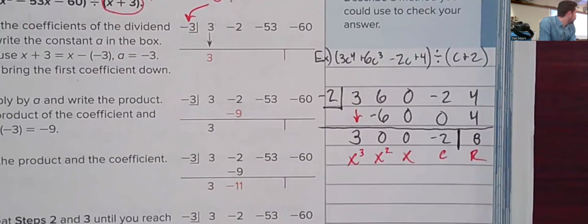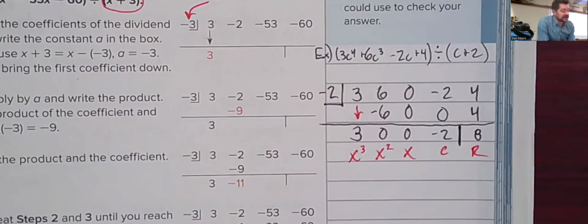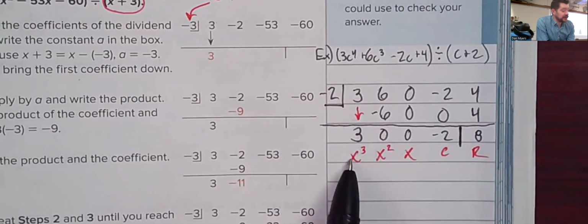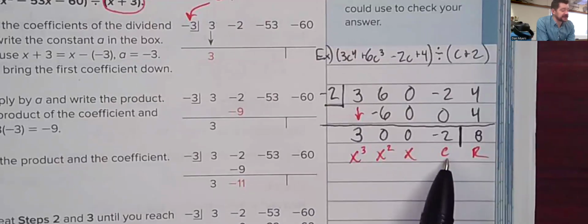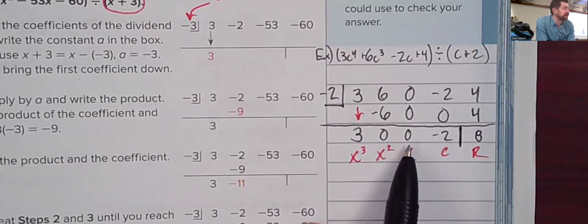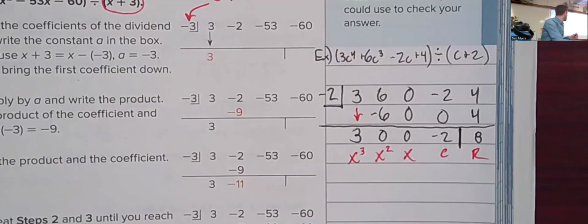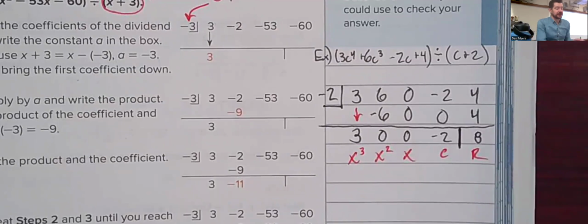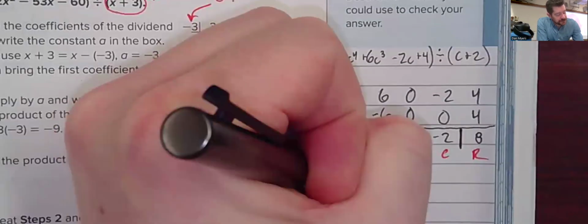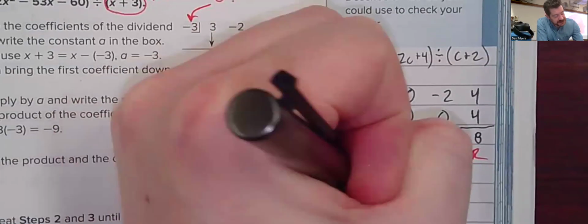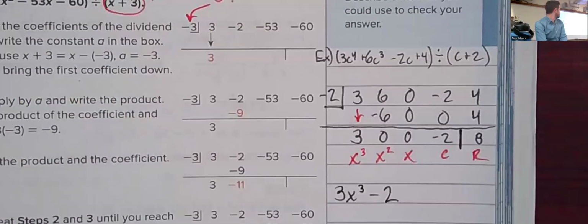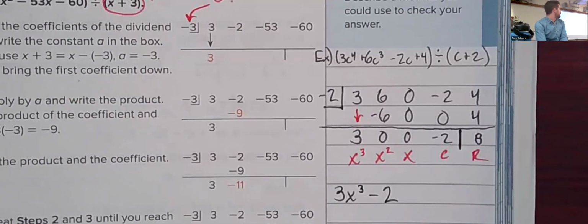So in terms of the whole number factor that we have, it's going to be 3x cubed minus 2. Because in our answer, if we have coefficients of 0, we don't need to write those in the answer. We need them in the process as placeholders. But if you write them in the answer, they don't need to be there. So we're going to have 3x cubed minus 2 with what left over?